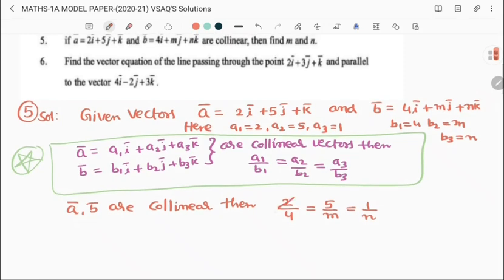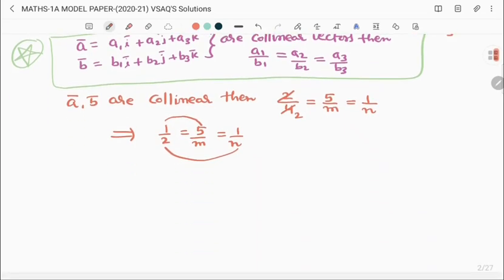So 2 ones are 2, 2 twos are 4, 1 by 2 is equal to 5 by m is equal to 1 by n. Equating these two, 1 by 2 is equal to 1 by n and 1 by 2 is equal to 5 by m.